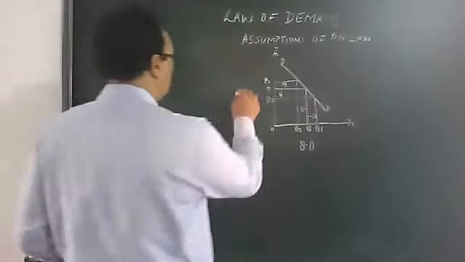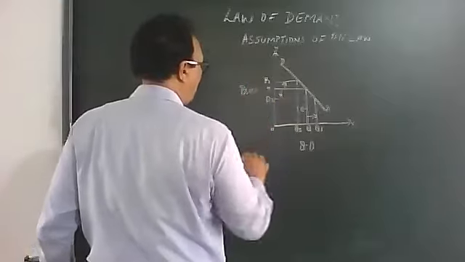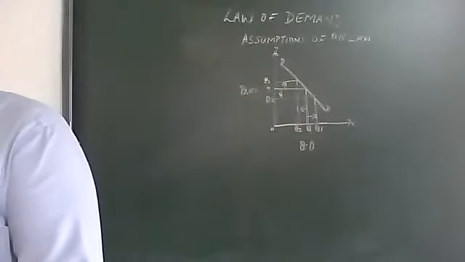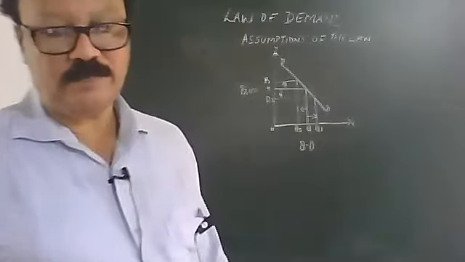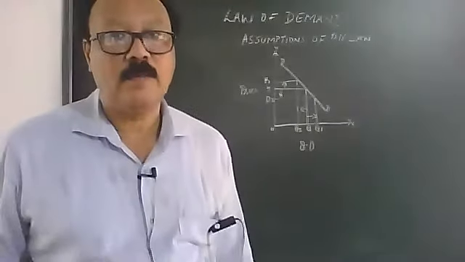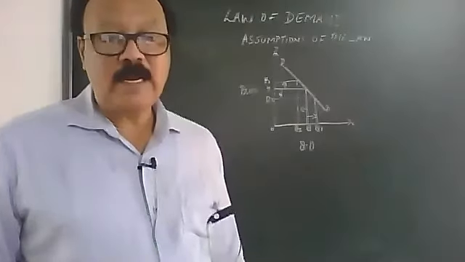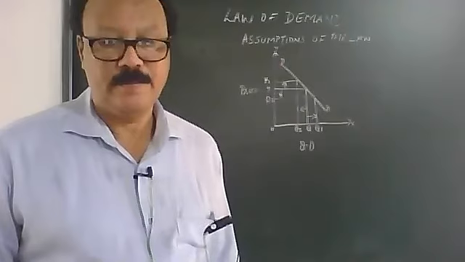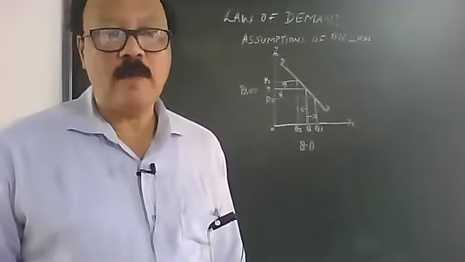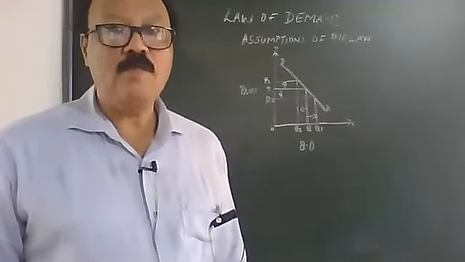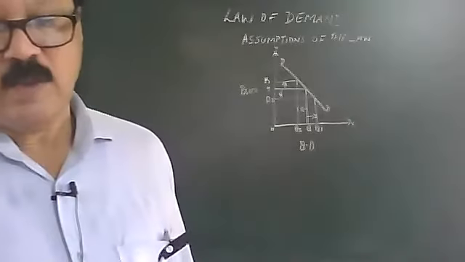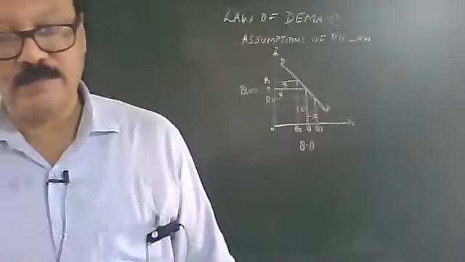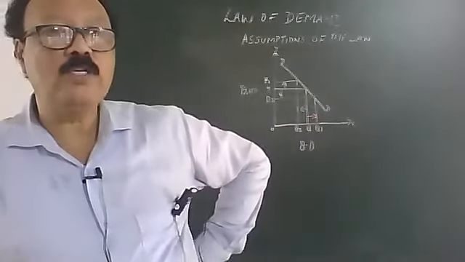So here we have price on the y-axis, and on the x-axis we have the quantity demanded. Next, why does the law of demand operate? Or we can rephrase this question as, why does the demand curve slope downwards to the right?